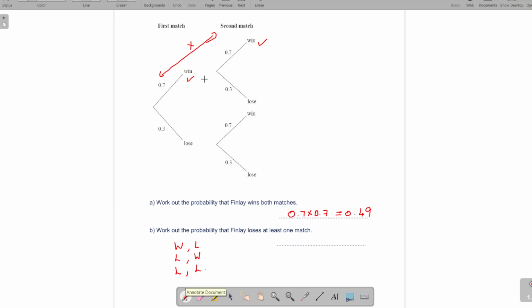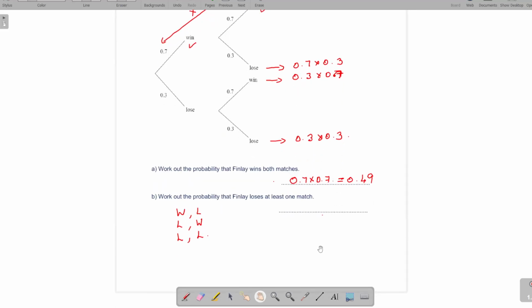Win and lose is 0.7 times 0.3, lose and win is 0.3 times 0.7, and lose and lose is 0.3 times 0.3.